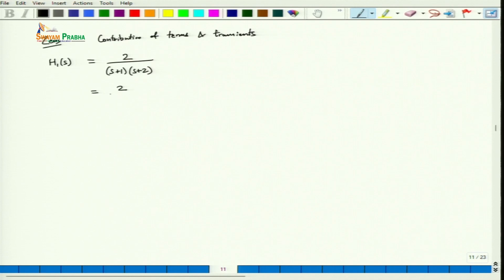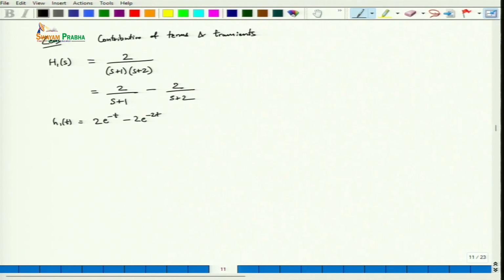So, this is basically, if I do the partial fractions, I will get 2 by s plus 1 minus 2 divided by s plus 2. So, if we take h1 of t, this is 2 e to the power minus t minus 2 e to the power minus 2t.